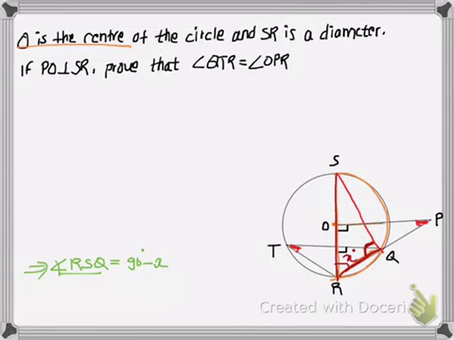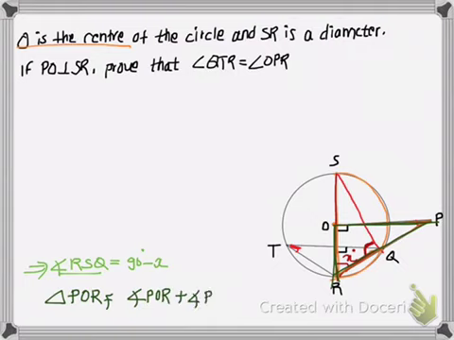Now I will take another triangle, which is triangle POR. In triangle POR, angle POR is equal to 90 degrees. So if I add POR, PRO and OPR, I should once again get 180 degrees, since the sum of angles in a triangle gives 180 degrees.